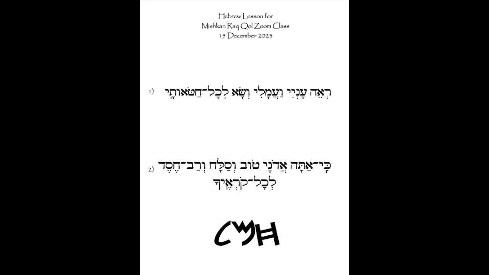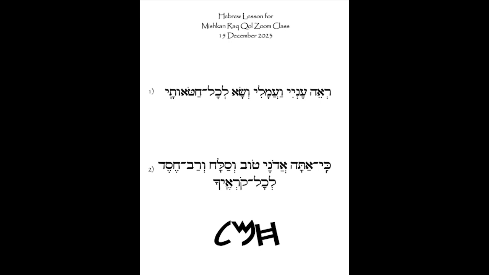So echa is a suffix. This part right here, echa, on the end, is a suffix that means what? You. Right? So what is our root word here? Kara. What does the word kara mean? To call out. So korecha: he's good and kind and merciful, and to who? To all who call upon you.